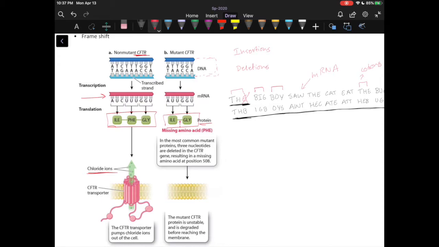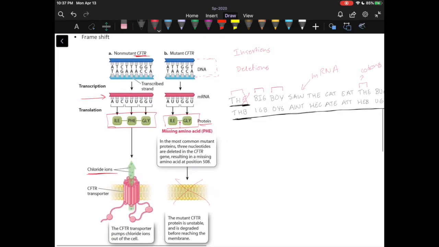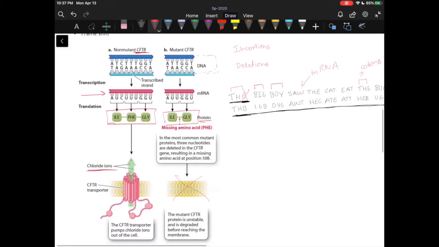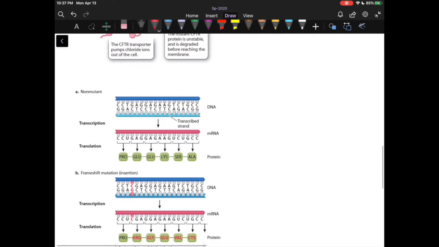And when this happens, our protein that's responsible for the chloride ions, the CFTR transporter, is no longer there. So there's nothing there, right? Because it is an inactive protein, and it just degenerates because it's not the full thing. And that is how deadly a deletion can be. So that's one example of a deletion.